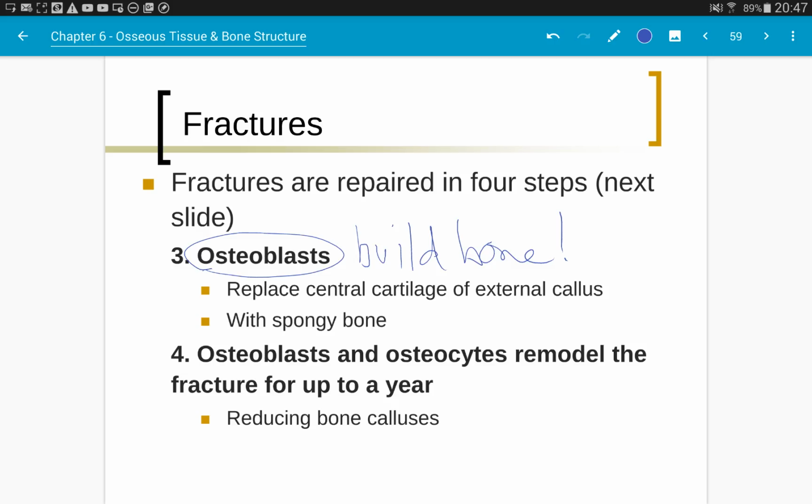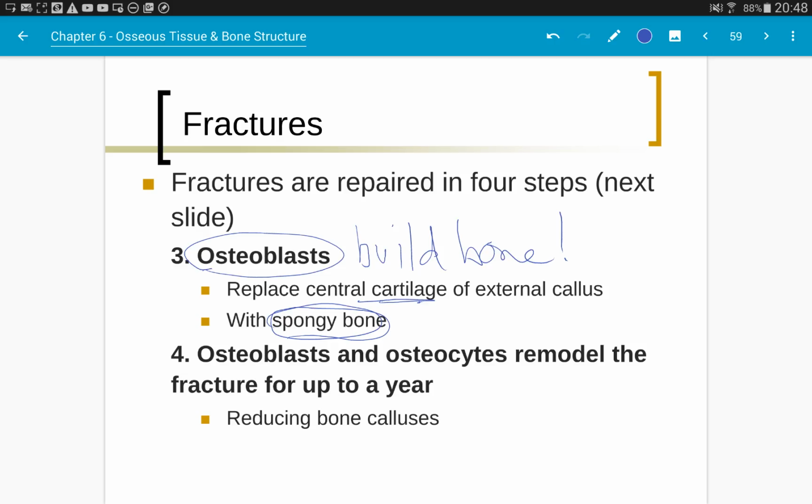Osteoblasts are replacing that cartilage, replacing the central cartilage of that callus with bone. And notice it's replacing that central portion with spongy bone. Okay, so first spongy bone is laid down. Well, first you have cartilage in the callus. Then you have osteoblasts that put down spongy bone.